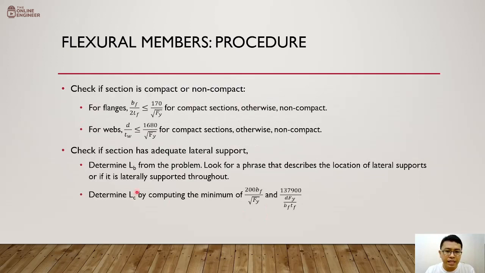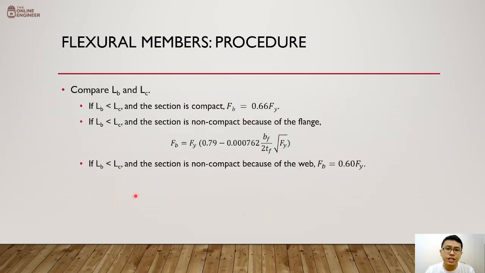Once we have LB and LC, we determine the relationship between the two. If LB is less than LC and the section is compact, then the allowable bending stress is equal to 0.66 of Fy. If LB is less than LC and the section is non-compact because of the flange, then FB is equal to Fy times (0.79 minus 0.000762 BF over 2TF square root of Fy).